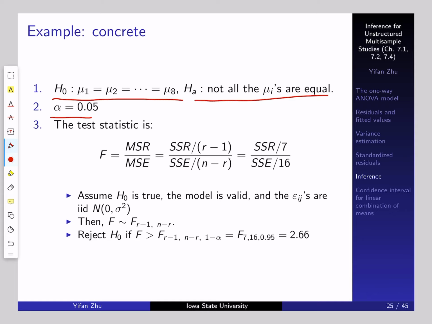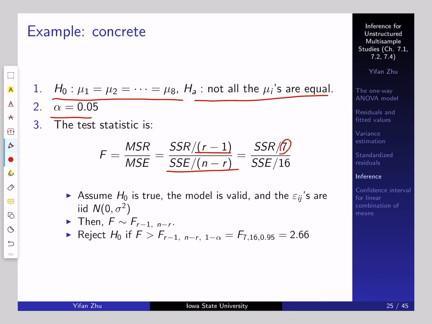The test statistic is SSR divided by R minus 1 over SSE divided by n minus R. So R minus 1 is 8 minus 1, 7, and n minus R is 24 minus 8, which is 16, because the total sample size is 24.